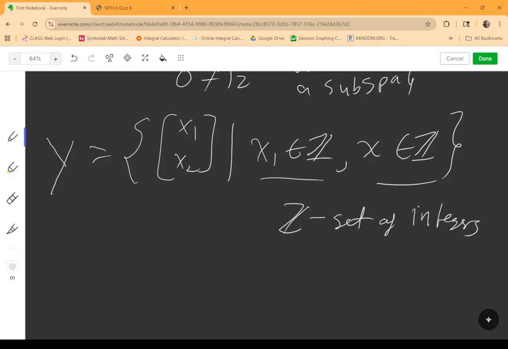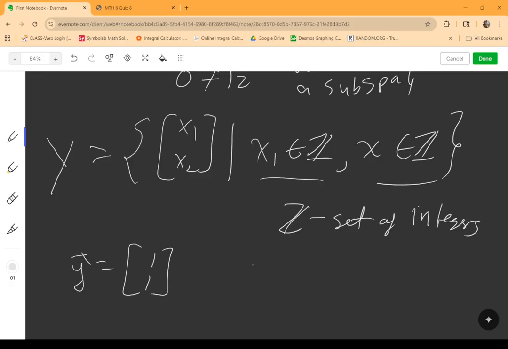This one does have a 0 vector, since 0 is an integer. But what we're going to see is that this does not hold for scalar multiplication. Let's call some vector y to be 1, 1.